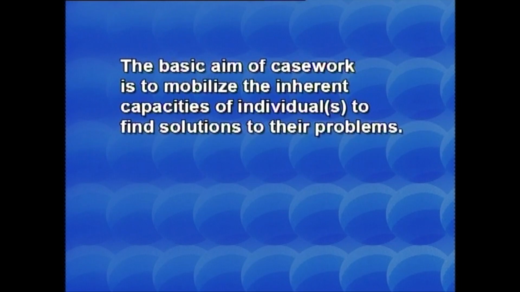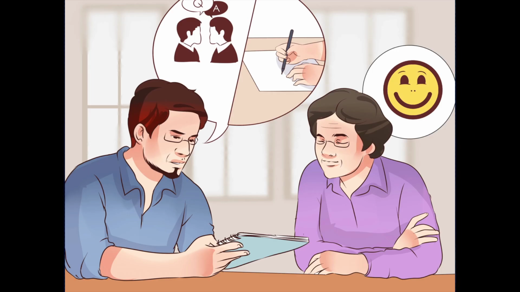The basic aim of social casework is to mobilize the inherent capacities of the individuals to help them find solutions to their problems. Because it is casework, that is working with individuals, it is a person-to-person relationship, and it is based on certain philosophical assumptions of human nature and also values.